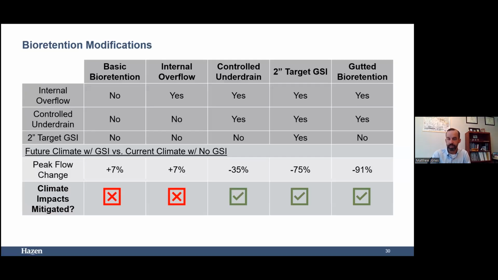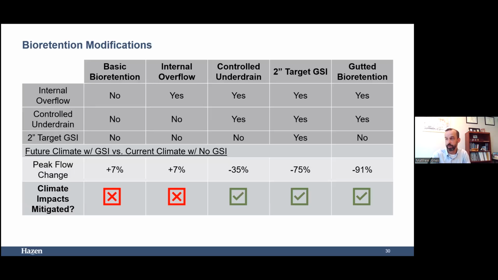So looking across the different scenarios that we were evaluating, again, the basic bioretention did not do very much under existing or future conditions. Essentially, that capacity was exhausted pretty quickly. It's worth noting that from a water quality standpoint, which typically is going to be a smaller storm, lower intensity, there's still a lot of great value there.